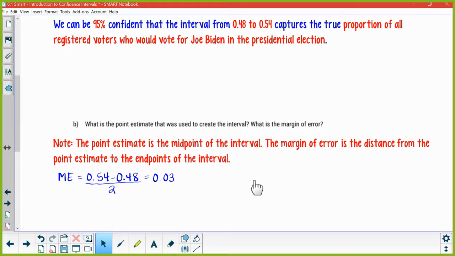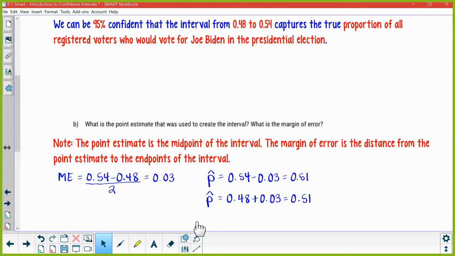Now, I can use 0.03 to calculate what that point estimate is. Again, these values are pretty reasonable. You can look at 0.48 and look at 0.54 and find what the middle number should be. But if you want a mathematical way to calculate it, I just took either the upper bound and subtracted 0.03, or I took the lower bound and I added 0.03.